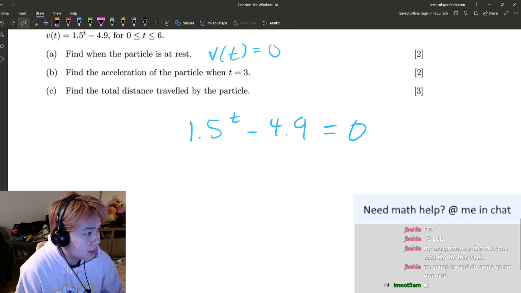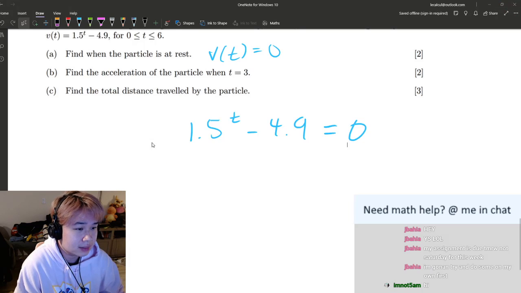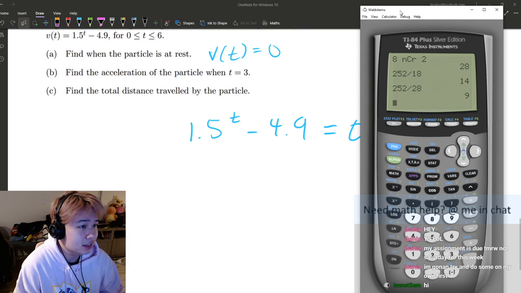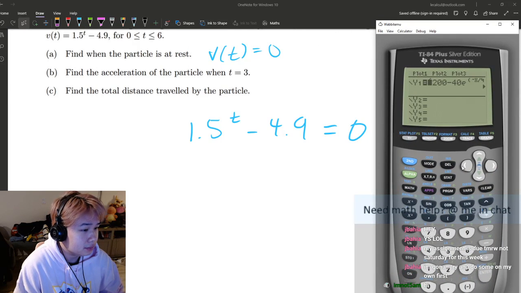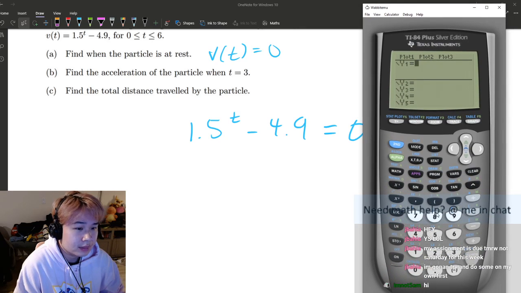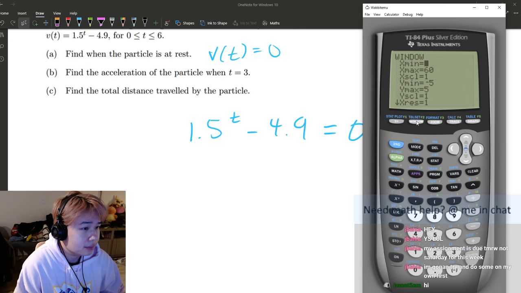Okay, so we can solve this using logarithms, but because this is a GDC question, I can just graph the function itself and then find out where the velocity is 0 from there. So 1.5 to the power of my variable minus 4.9. And then my window is probably all messed up from before, last time I used it.